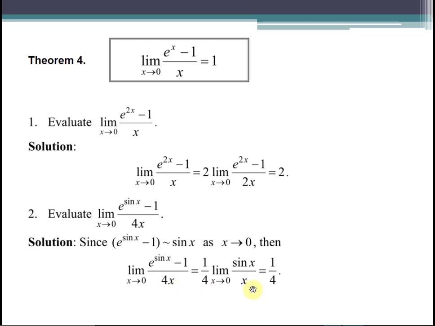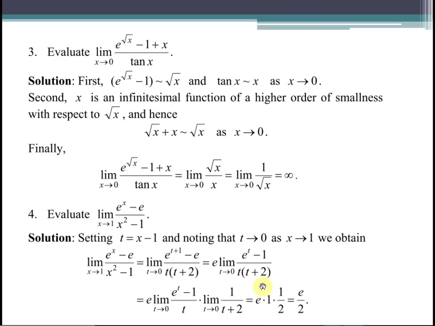So you can write it this way: 1 over 4 as a coefficient, limit as x tends to 0 of sine x over x. And from the first theorem, it goes to 1, so the answer is 1 over 4.